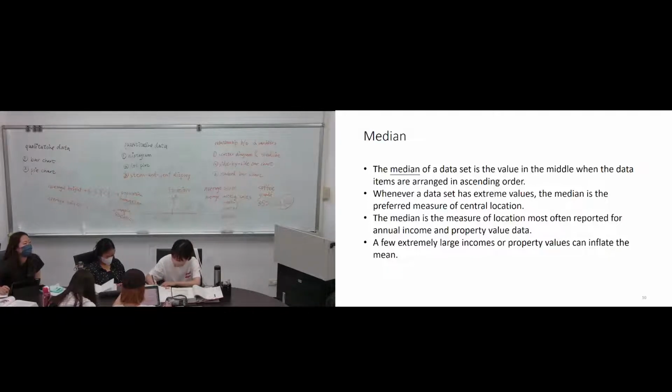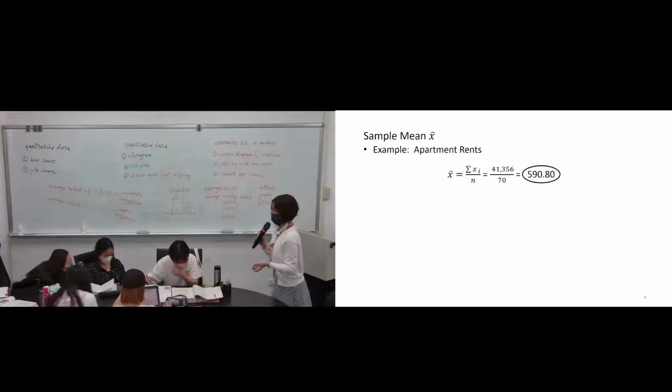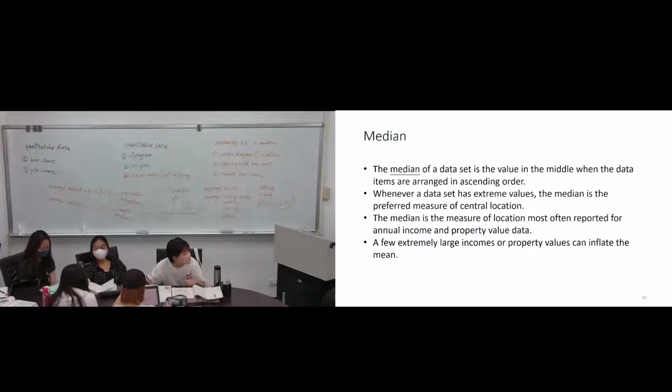But when we calculate the mean value, if the data set has some extreme values, then the mean value will be affected by them. So that's why we say whenever a data set has extreme values, the median is the preferred measure of central location.